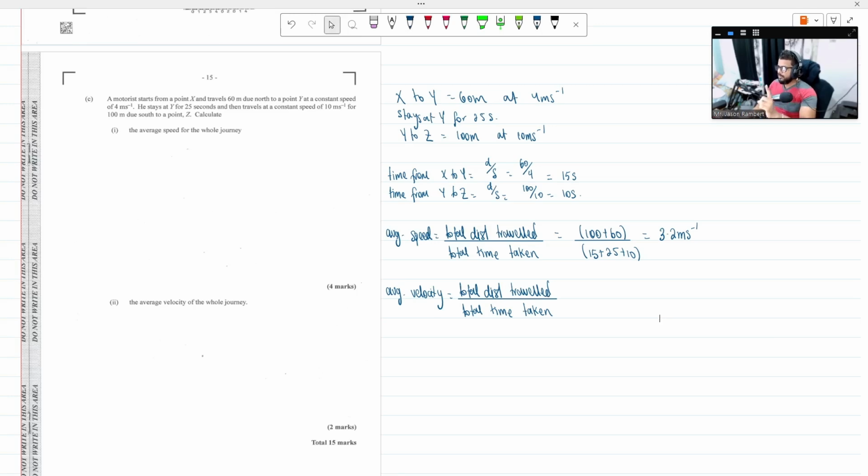If he travels 60 meters north, and then he travels 100 meters south, velocity will take into consideration displacement. So the displacement is just going to be the 60, take away the 100, divided by whatever time it is. The time is going to remain the same, 15 plus 25 plus 10.